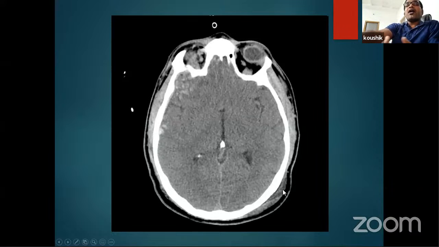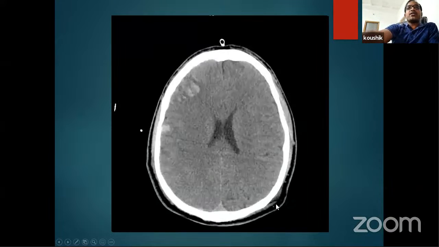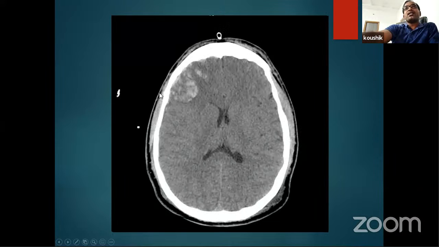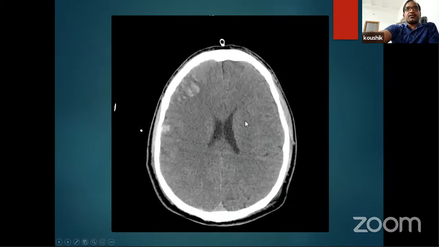So the trauma is on the left occipitoparietal region, but the parenchymal hemorrhages are seen in the right frontal and parietal lobes. This phenomenon is called countercoup injury: because of an impact on this side, the brain parenchyma goes and hits the calvarium on the opposite side, giving hemorrhagic contusions. This is called countercoup injury.